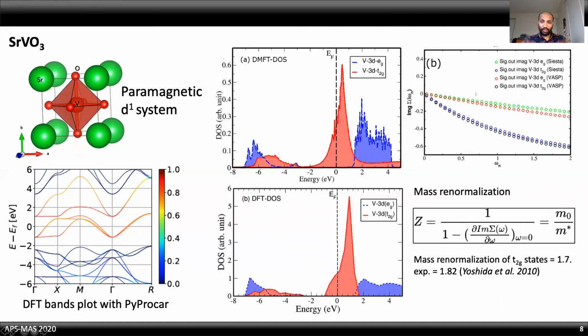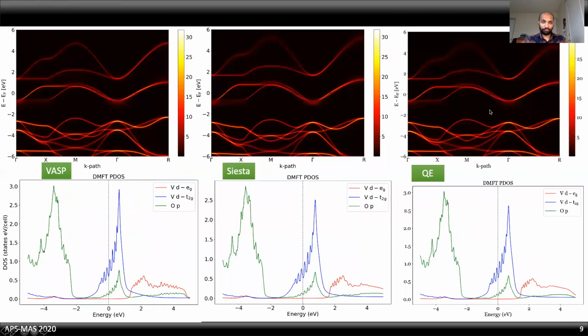And looking at the imaginary self-energies, we can see that the Siesta and VASP results are very close to each other. And here are some spectral functions for different DFT codes. So the results retrieved for VASP, Siesta, and Quantum Espresso all are very much similar, and we can see these mass renormalization effects.